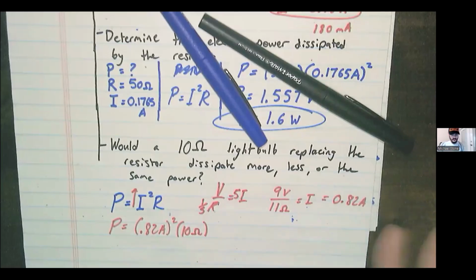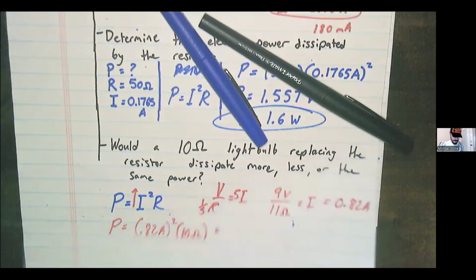All right, this is close enough anyway after we've rounded. This is 1/5 of the old value. This is 5 times the old value, and then it gets squared. 25 times 1/5. We better get a power that's about 5 times larger.